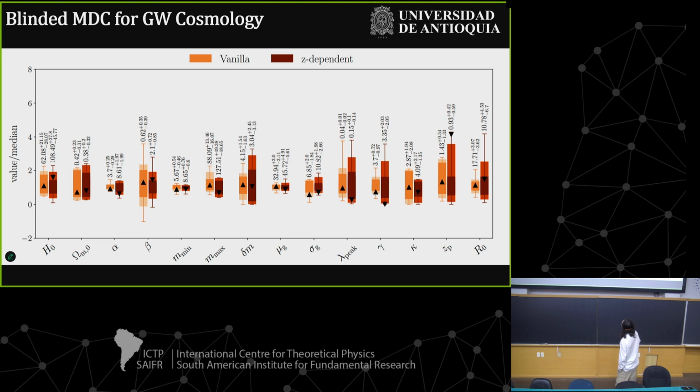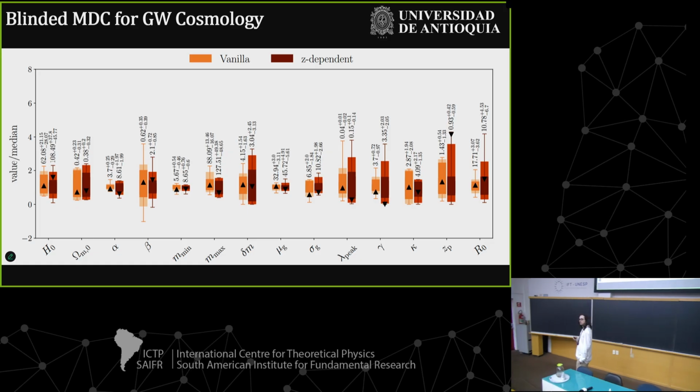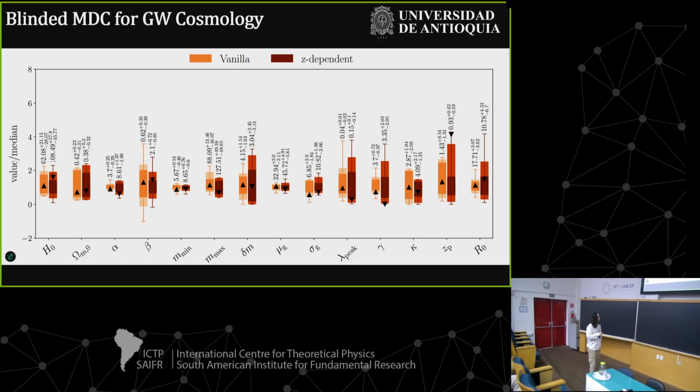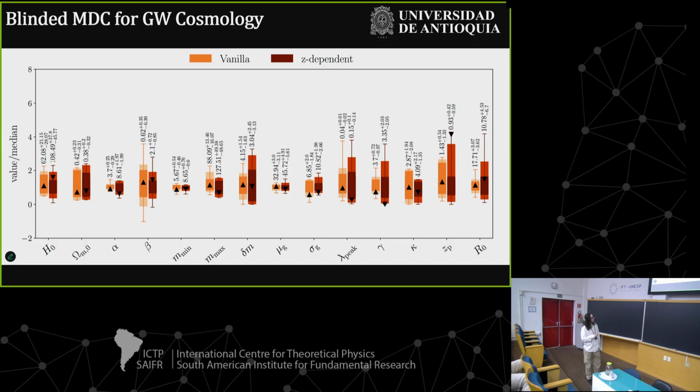Okay, and now this plot shows the marginalized posterior of all the population and cosmological parameters here. The Omega matter parameter was also sampled, and also the merger rate evolution parameter in this case.